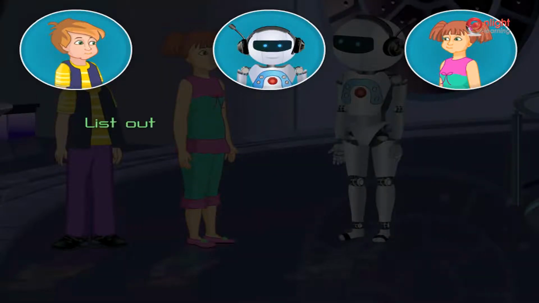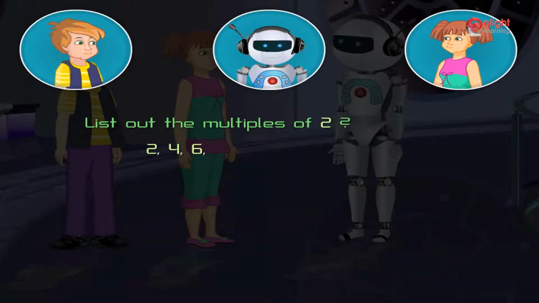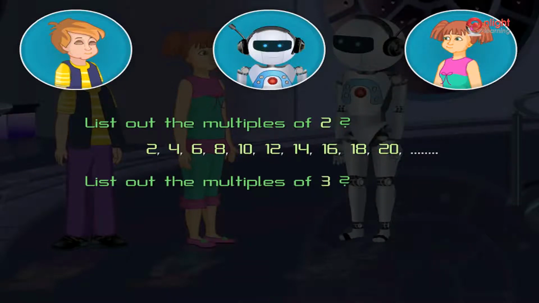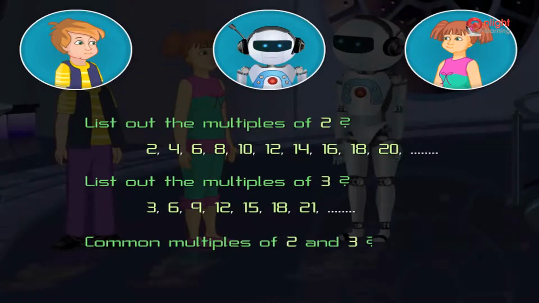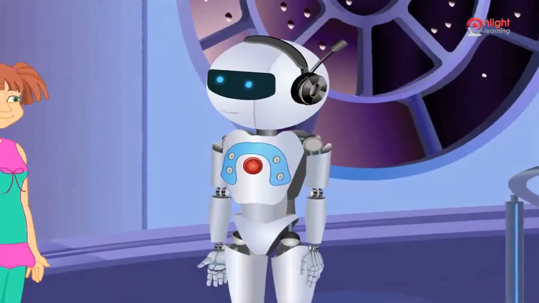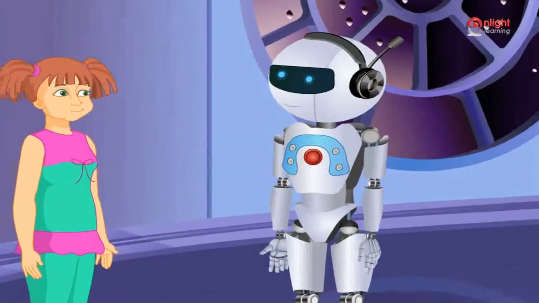Akash, let's list out the multiples of 2. 2, 4, 6, 8, 10, 12, 14, 16, 18, 20, etc. Akshita, can you list out the multiples of 3? 3, 6, 9, 12, 15, 18, 21, etc. Now you can find the common multiples of 2 and 3. 6, 12, 18, etc. As there is no end to the multiples of a number, there's no end to the common multiples of numbers.